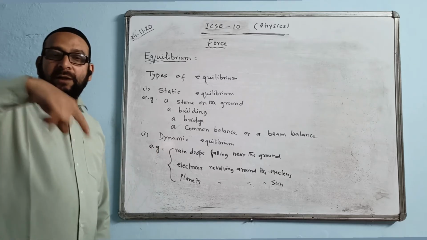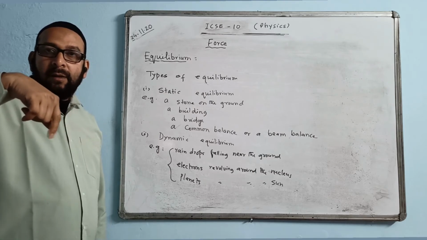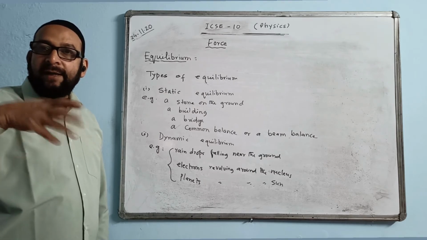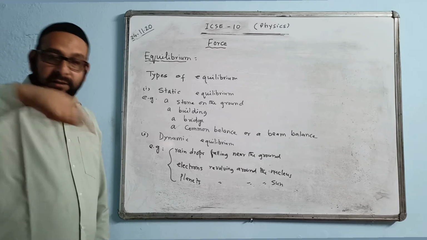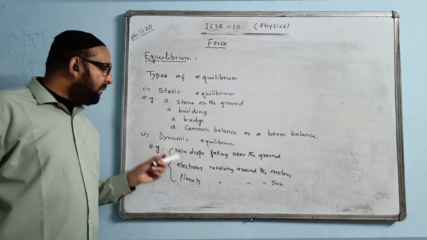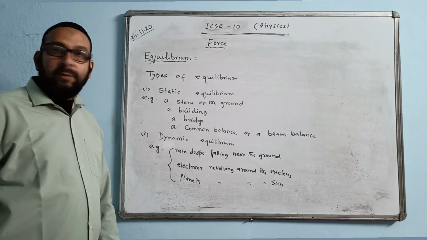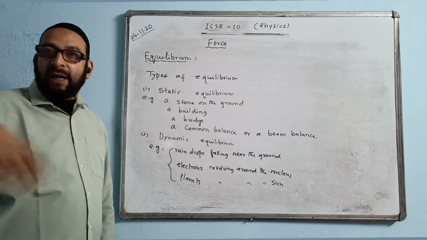You know, electrons continuously revolve around the nucleus of an atom. Though different kinds of forces are acting there, yet the motion of the electron remains undisturbed, unaffected. It continues revolving throughout. What kind of equilibrium is the electron in? Dynamic equilibrium. Planets continuously revolve around the sun without getting tired.